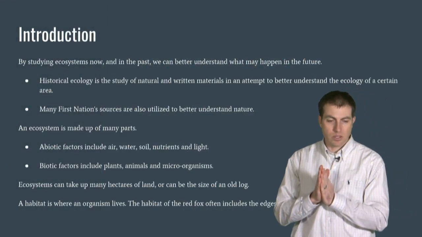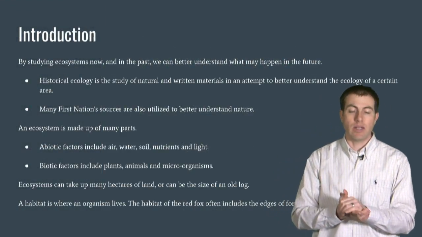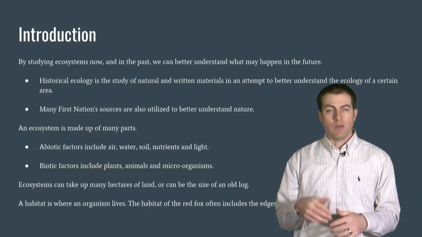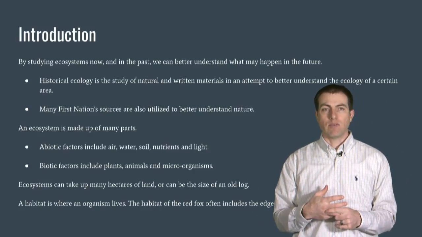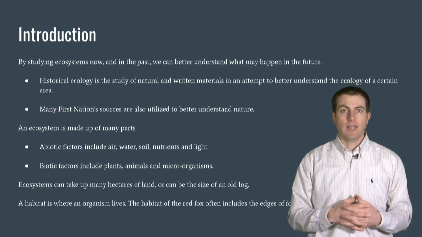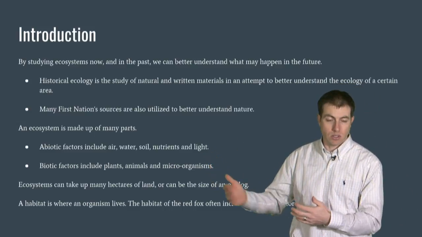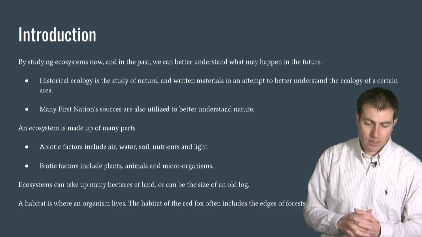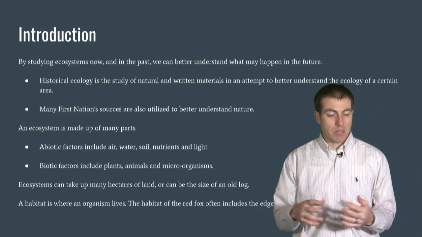So by studying ecosystems now and in the past, we can better understand what may happen in the future. If we can figure out what is going on in different environments, different amounts of rainfall, precipitation, things like that, we can figure out how that's going to look in the future. So that's important. Ecosystems are made up of many parts.